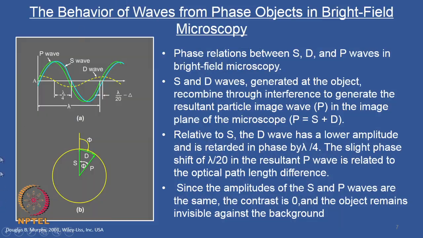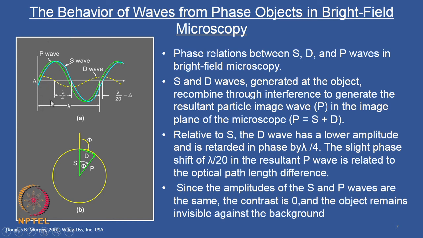So, let this S and D wave interact or interfere in the image plane to form a resultant wave called a P, or a particle wave, a P wave. If you keep these things in mind, then we can have some understanding about this schematic. So, the resultant or particle wave P is equal to S plus D. With this background, let us look at this schematic.